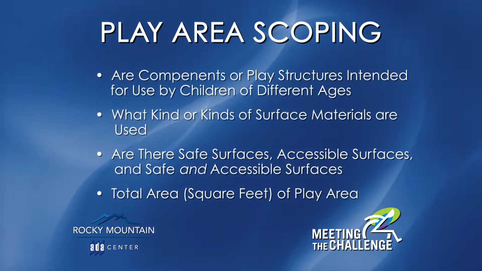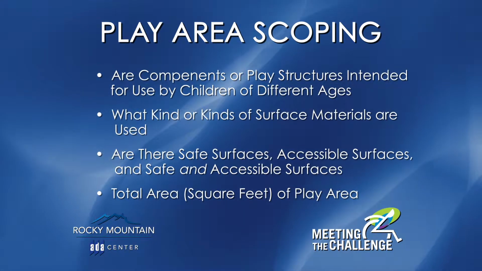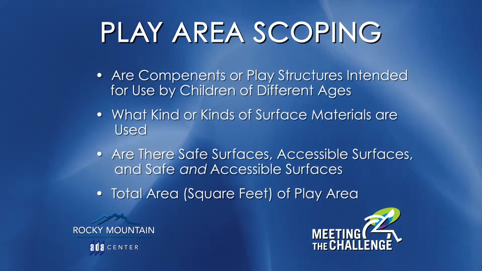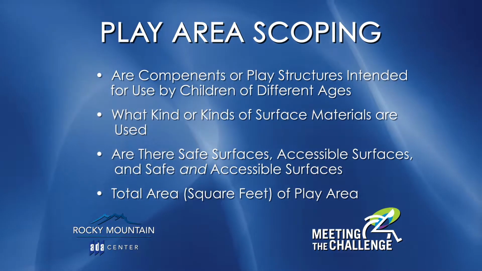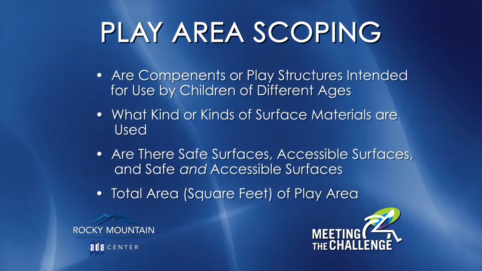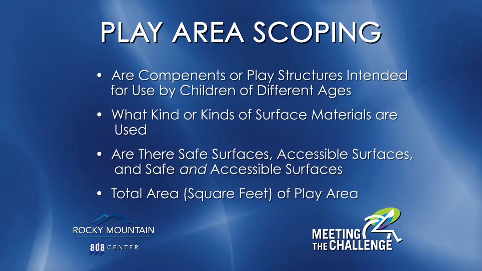Are components or play structures intended for use by children of different ages? What kind or kinds of surface materials are used? Are there safe surfaces, accessible surfaces, and safe and accessible surfaces? Total area of play area.